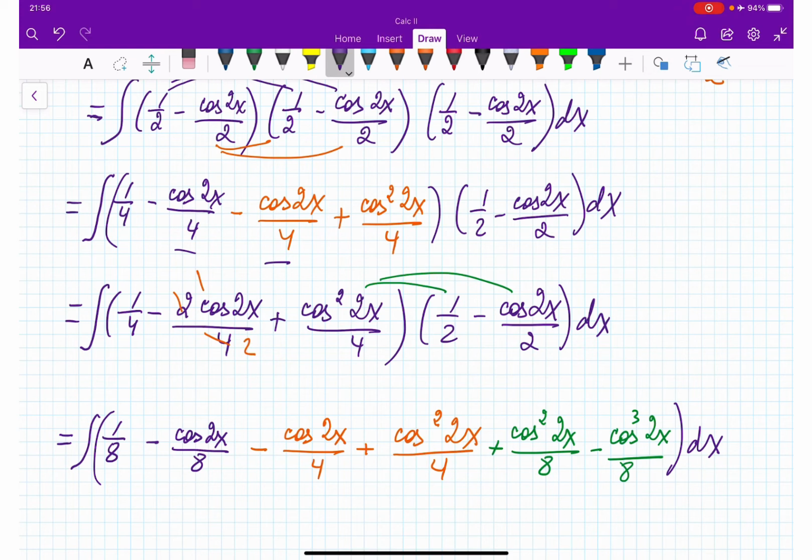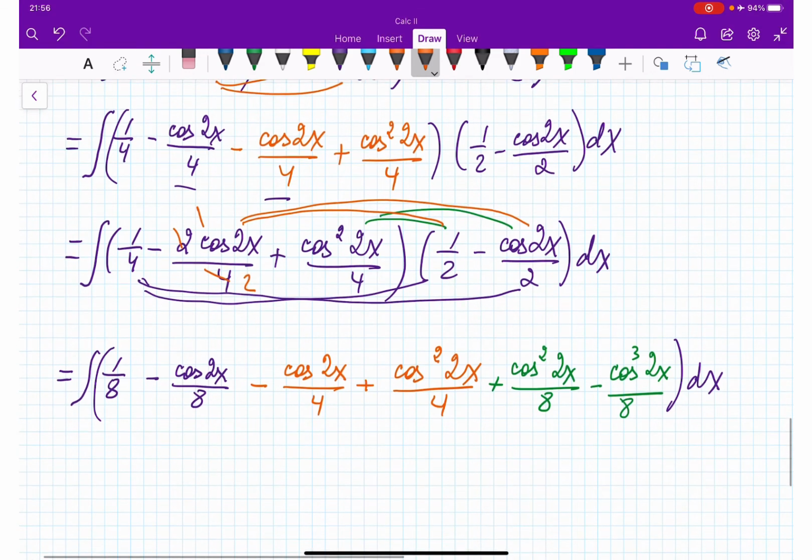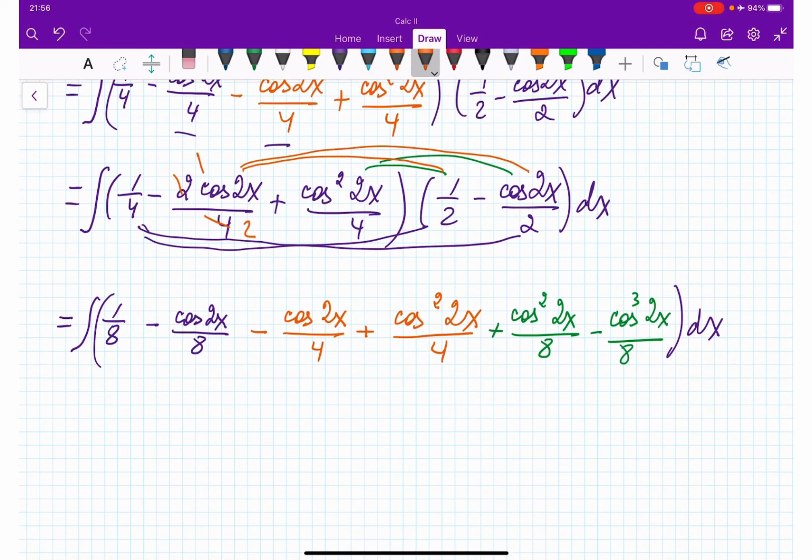Okay, now let me go here. This comes here, this comes here, this color, and then with this color it comes here and comes here, so you can see. All right. And lastly, what we can combine here, cosine square 2x and cosine square 2x, these two.